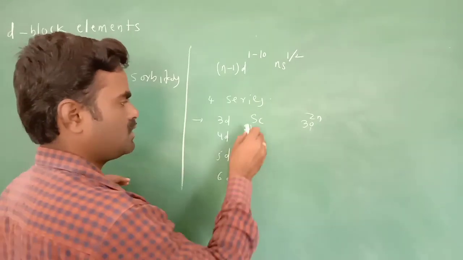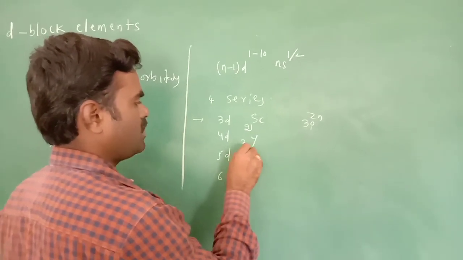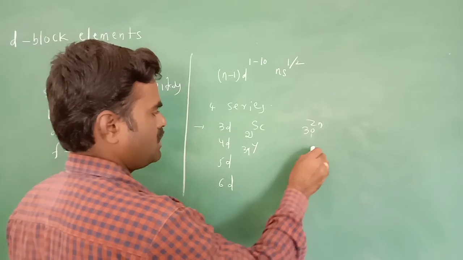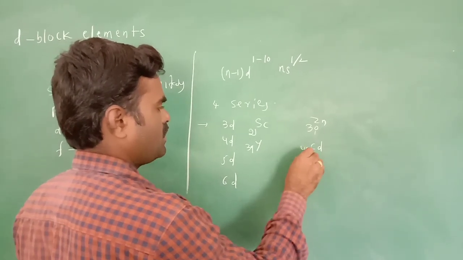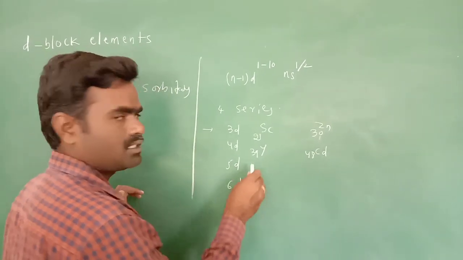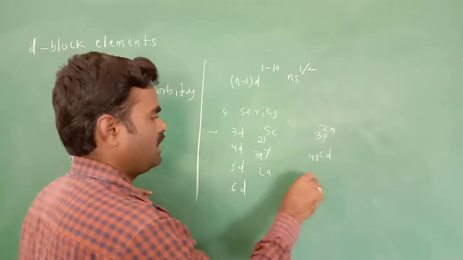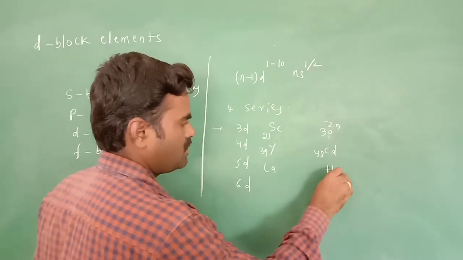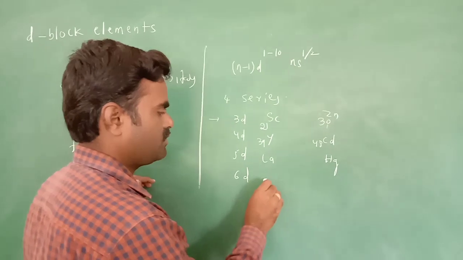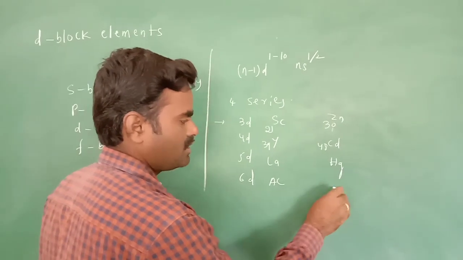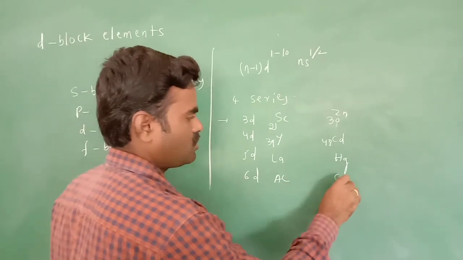The 4D series starts with yttrium, atomic number 39, and ends with cadmium, 48. The 5D series starts with lanthanum and ends with mercury, and the 6D series starts with actinium, and the last element in the 6D series is copernicium.